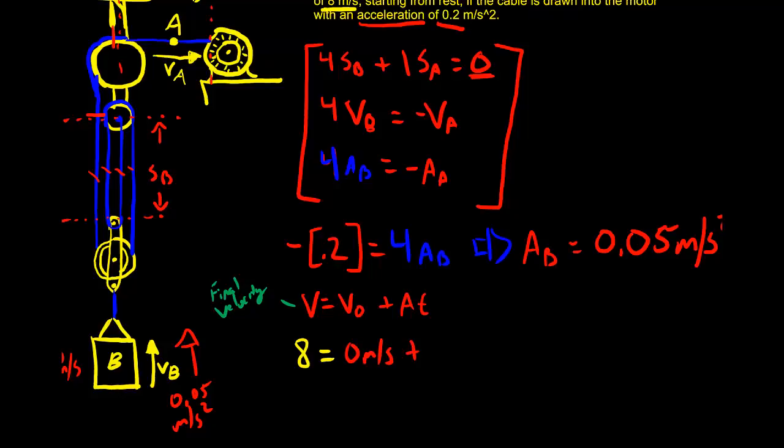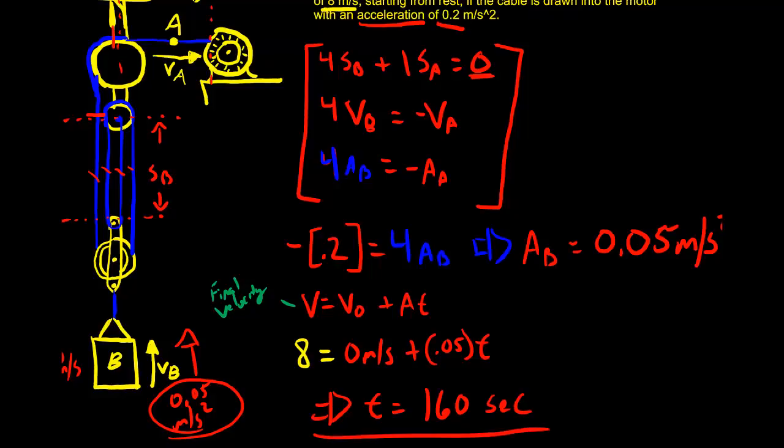Now we don't know time, that's what we're trying to solve for, but we do know the acceleration, which we solved right there. So that is equal to 0.05 times the time. Solving for that, we find that the time is equal to 160 seconds. 160 seconds for block B to reach a speed of 8 meters per second. And that there is how you do a pulley problem.